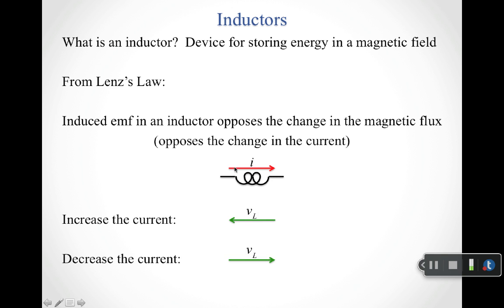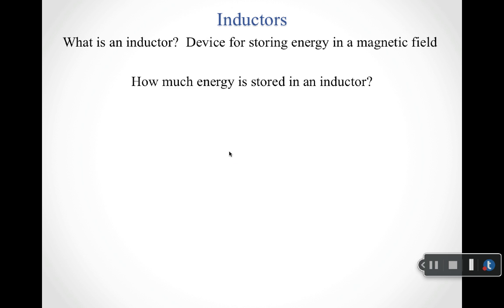If you're decreasing the current, it wants to keep the current value what it is, so it would induce an EMF within your inductor that would contribute to the current, trying to keep current flowing to the right. So again, this is how both Faraday's law and Lenz's law play into what's going on with an inductor.